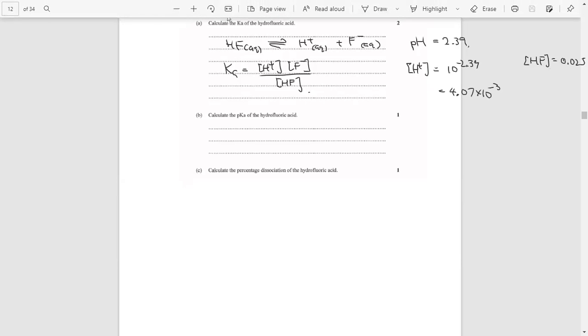Now, what you also know is that the concentration of this solution is 0.025. So what that means is that the concentration of HF should be 0.025. Now, of course, if HF is at 0.025 and some of it dissociated, then using your sort of ICE table, it is not exactly 0.025, right?